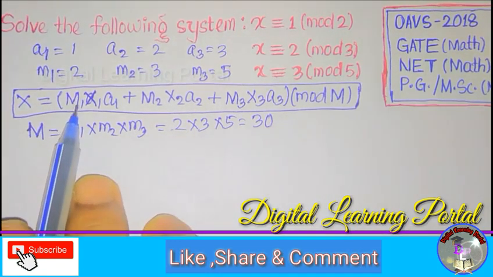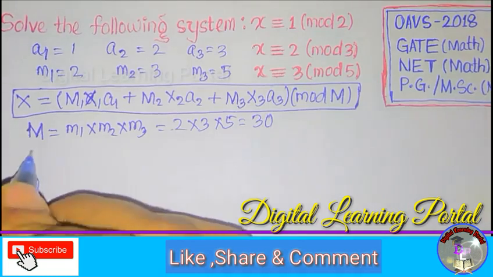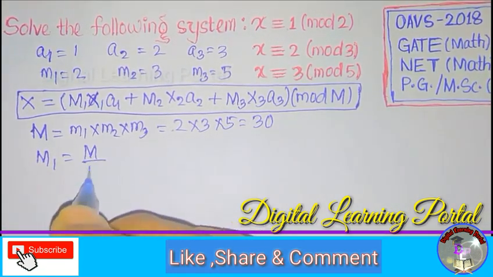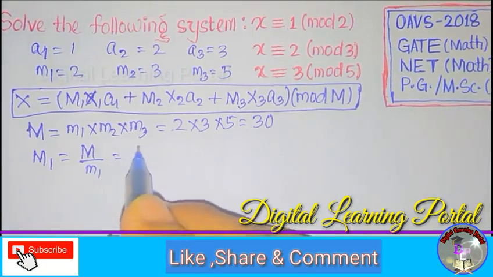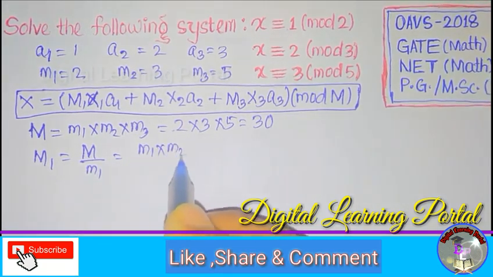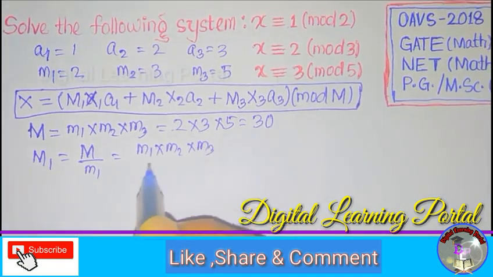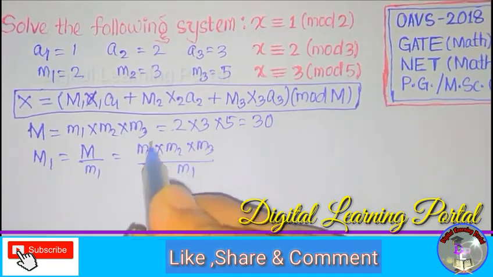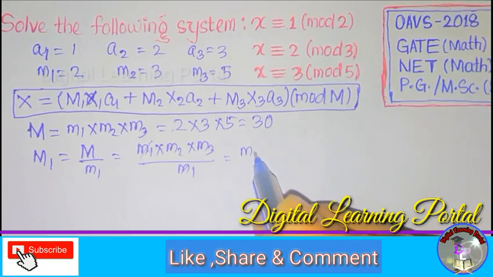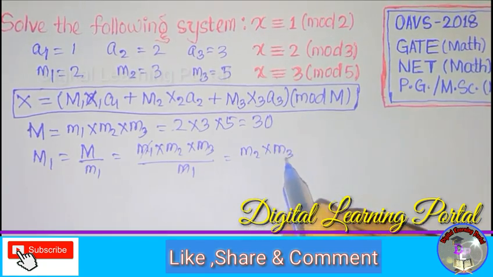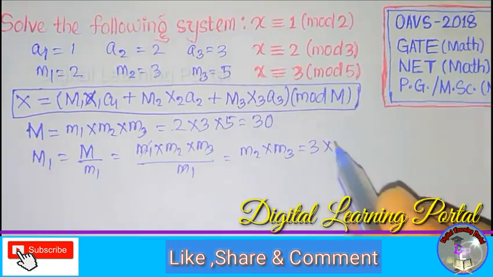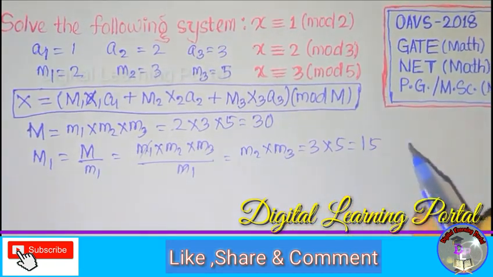Now we have to evaluate capital M1, M2 and M3. So M1 is equal to capital M divided by small m1, that is m1 into m2 into m3 divided by m1. So m1 will be cancelled and the answer will be m2 into m3. m2 is equal to 3 and m3 is equal to 5, so that is equal to 15.